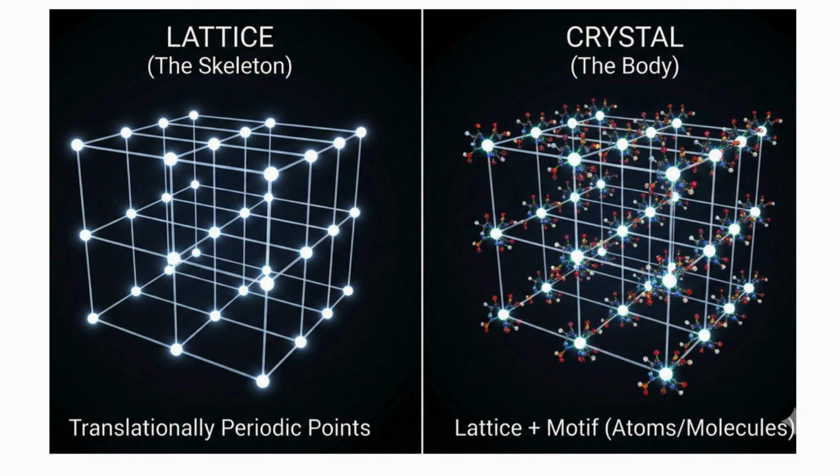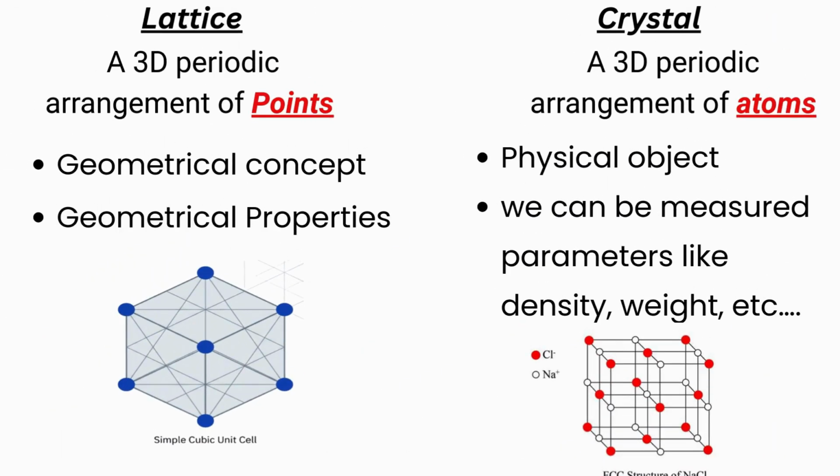If I place any atom in that particular lattice, then it is called a crystal, which represents the body. So we must understand this distinction between the lattice and crystal.